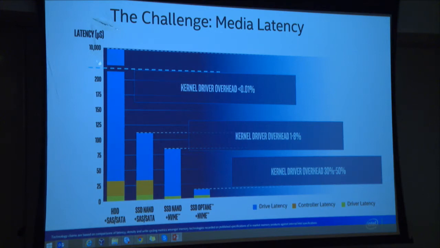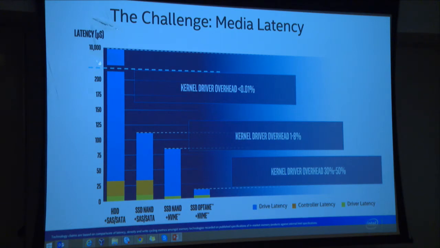You see on the left-hand side for hard disk drive, software latency is pretty much about the same as the others, but because the drive latency is so much, software latency doesn't matter at all. When the data comes back in milliseconds, optimizing your software latency, which is in microseconds, won't matter.